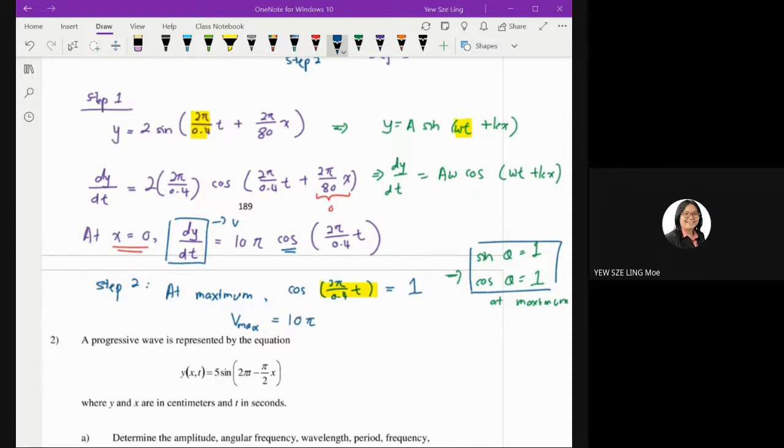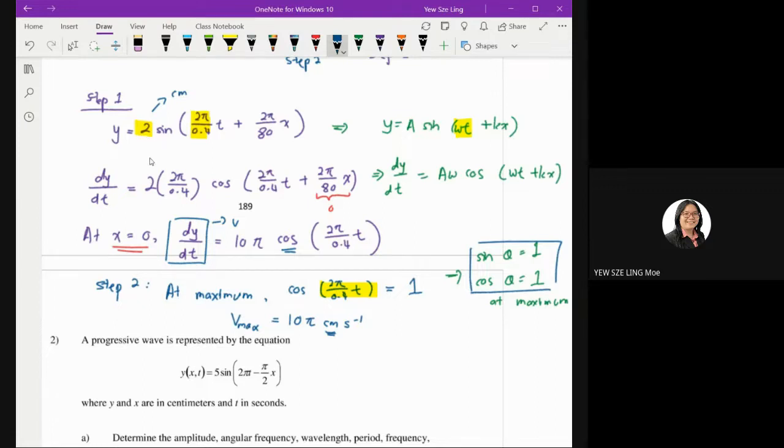What is the unit? 10 pi cm s negative 1. How do I know it is cm? Because my y equals 2 sine, and this 2 is in terms of cm. Because I differentiate from y to obtain v, the unit for v should also be in cm, because of the amplitude given in y.